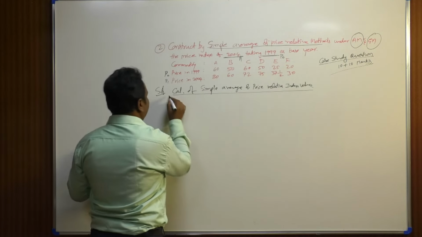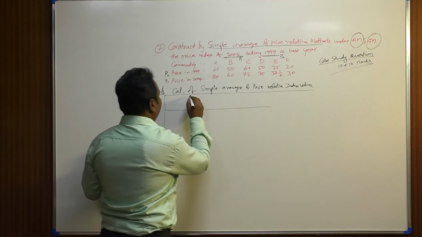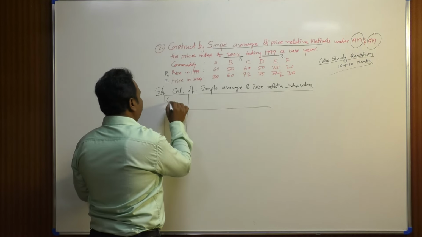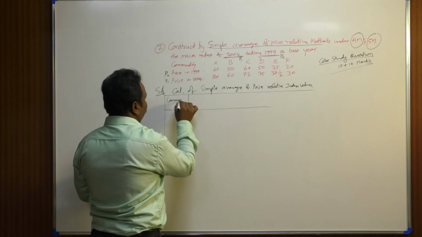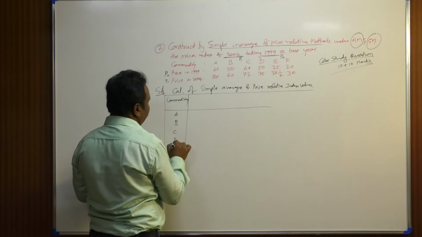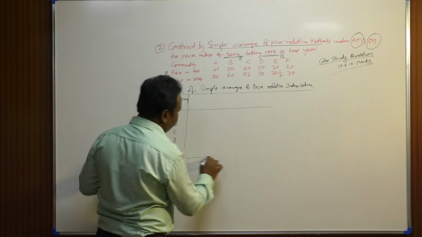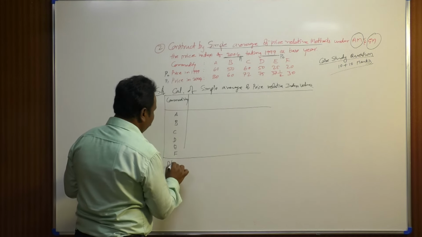Under this, take the commodities A, B, C, D, E, F: 6 items are there. Now, n equals 6.